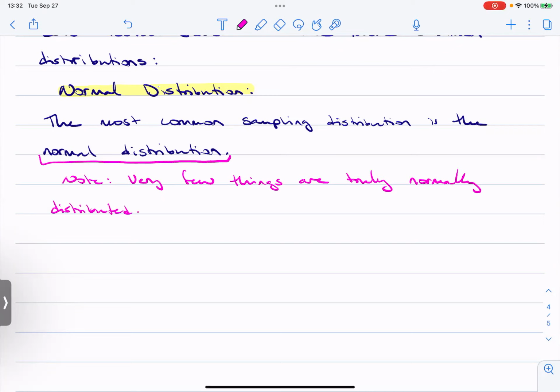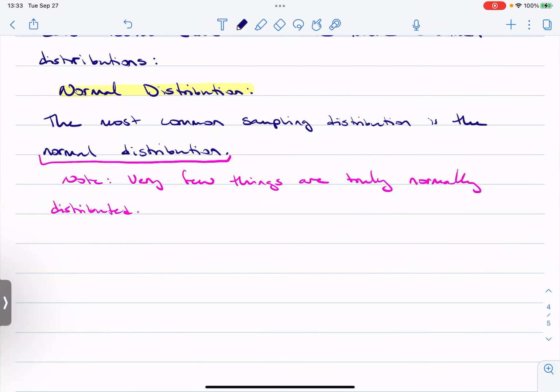But we can use the normal distribution and all these traits that we know, things like the 68, 95, 99.7 rule. That's a good rule of thumb for figuring out probabilities, which are areas under the curve.